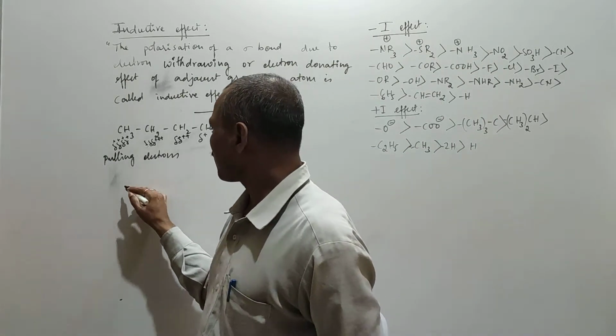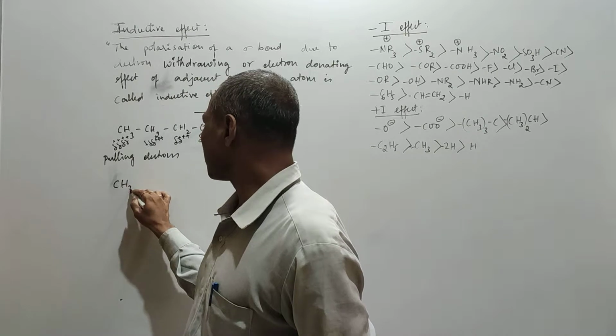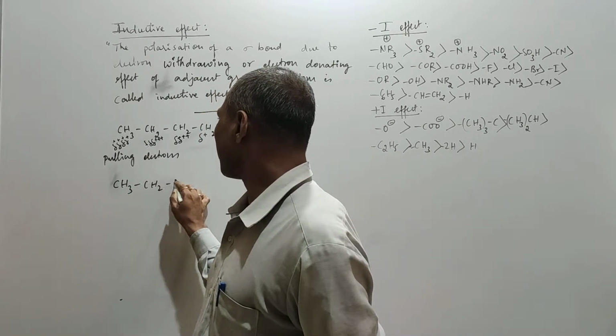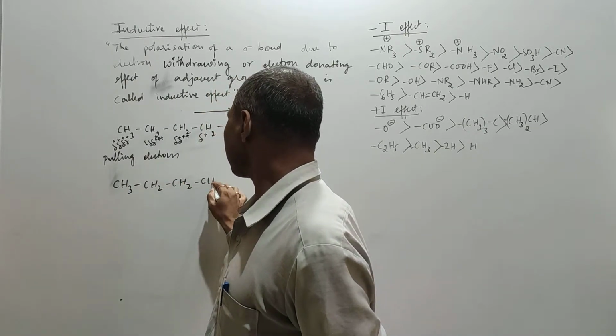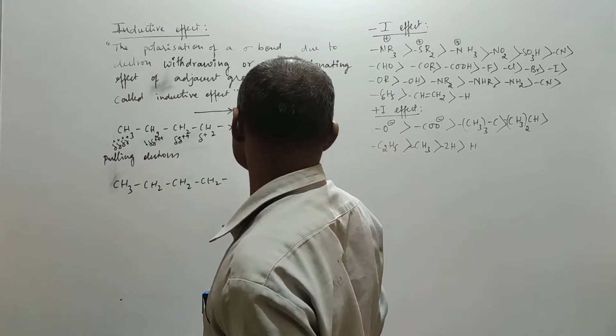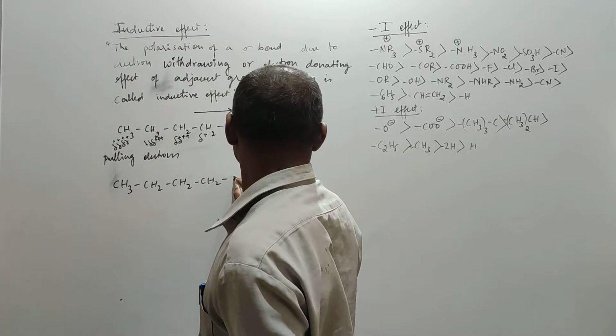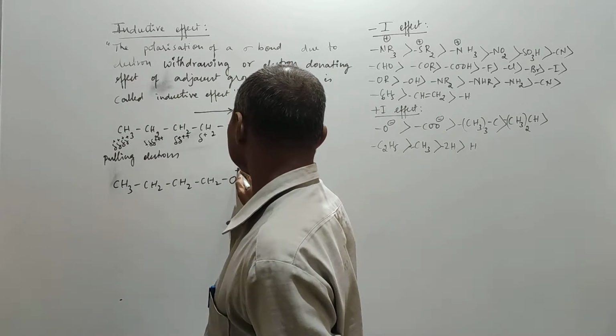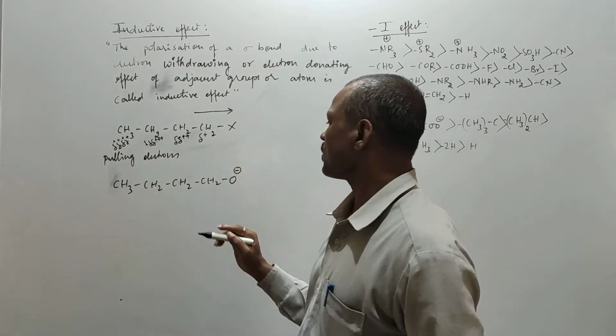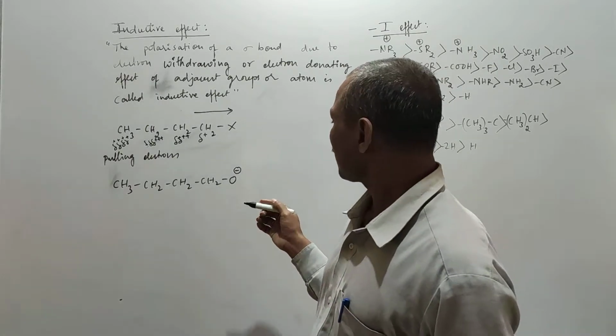Whereas in the case of other groups like CH2, maybe oxygen, maybe a carboxylate group, maybe CHO, whatever it may be, what will happen?